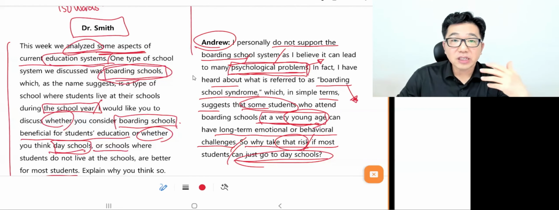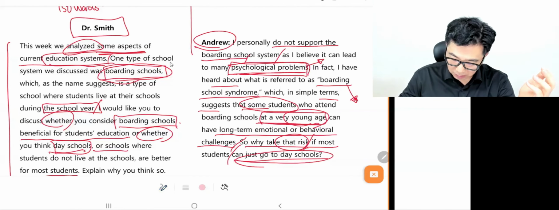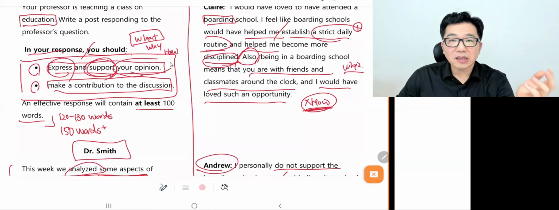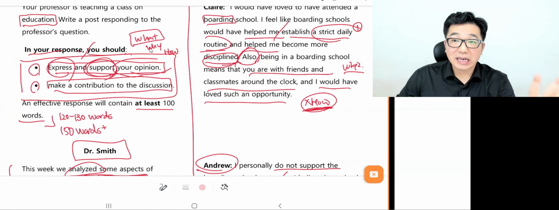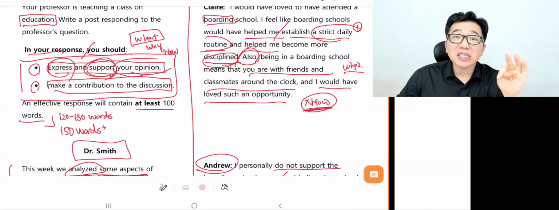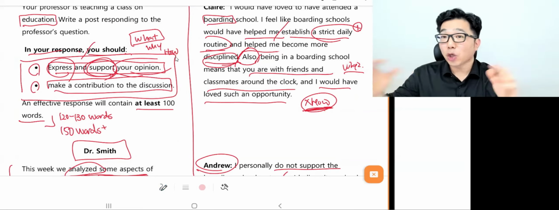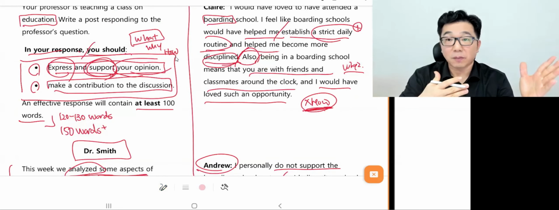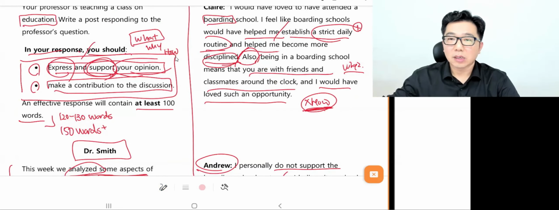So in my reasoning, when I develop my argument, if I decide day school, for example, when I'm developing and supporting it, I can tell some advantages of day school and support it, but also I can say some disadvantages of boarding school and support it and say, so I think day school is better because boarding school has this drawback, right?